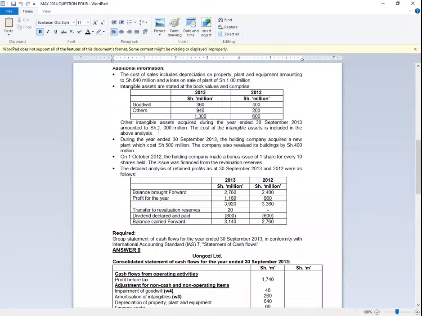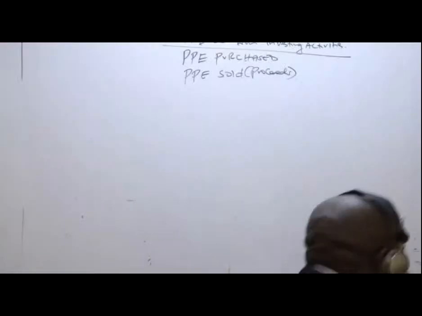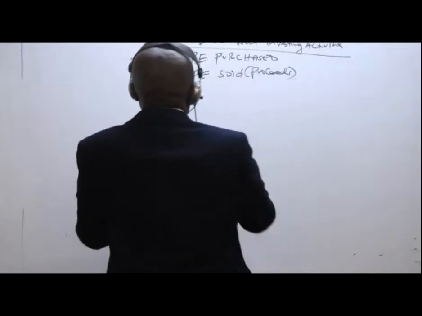So I'll come straight away and mention the purchase of intangible assets, free marks, low-hanging fruit. Purchase of intangible assets, 1,000.